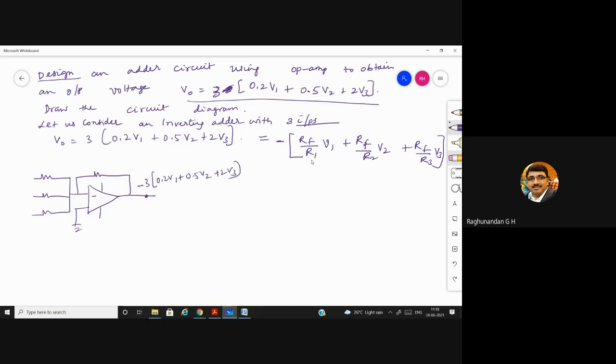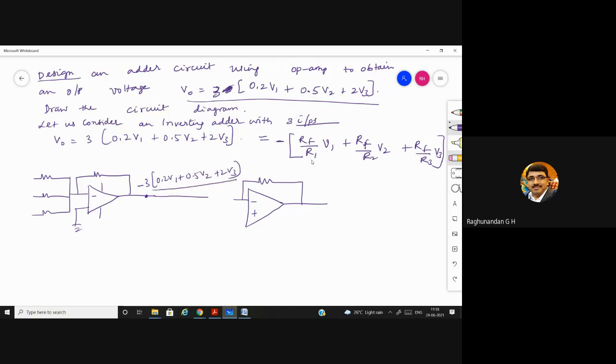This equation you get. So in order to nullify this, we need to use one more inverting amplifier. Right? So we need to use an inverting amplifier.